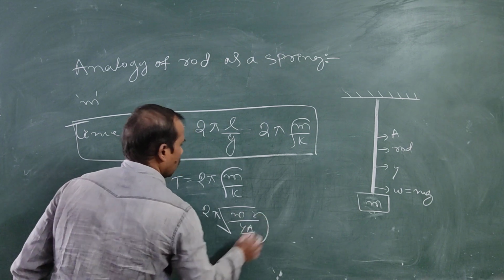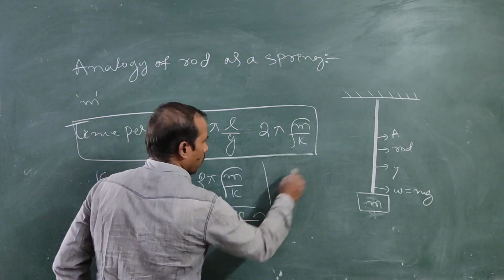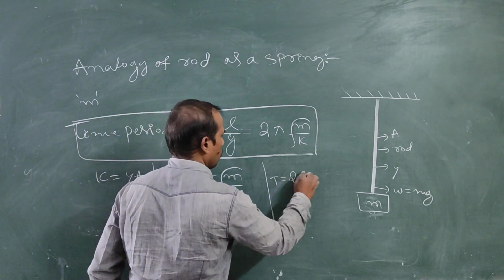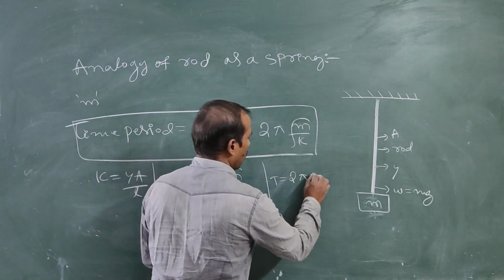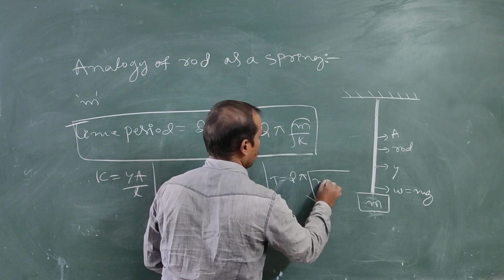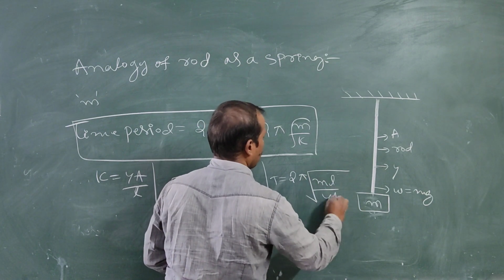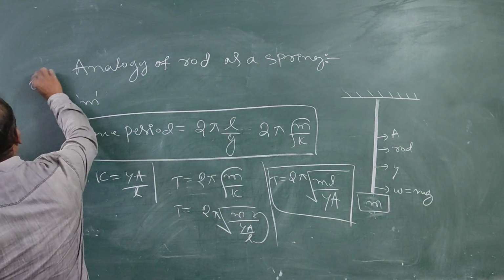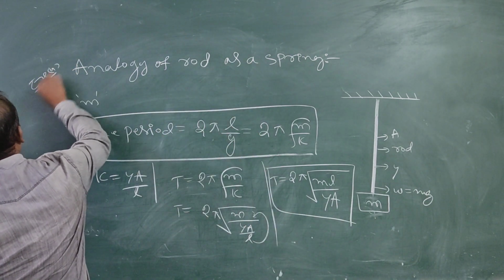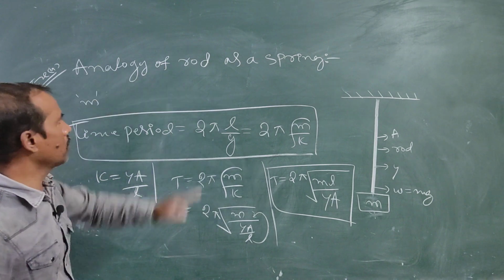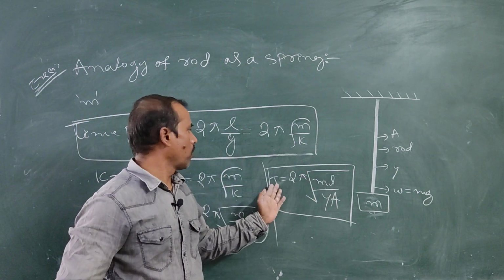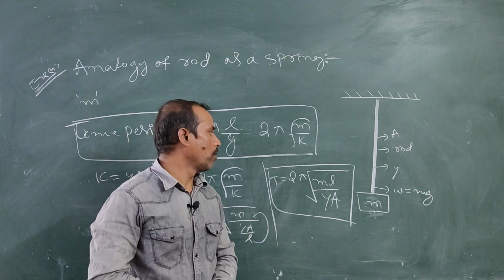So finally the time period T is equal to 2 pi under root of mL by YA. This is the time period for this example problem based on the rod.